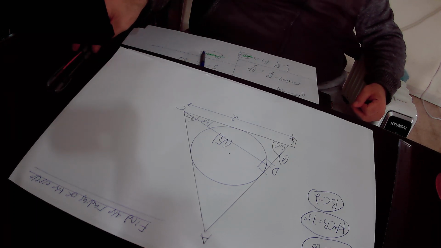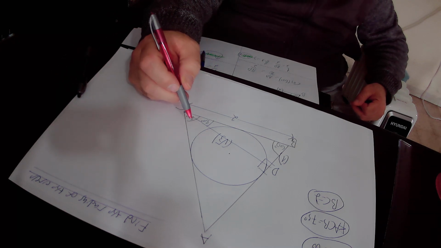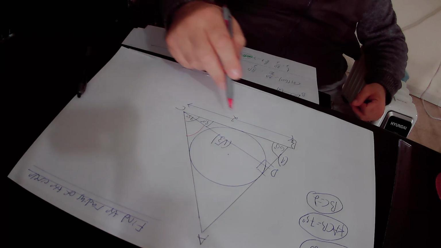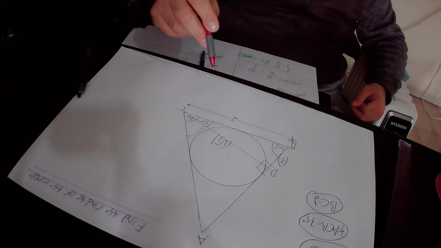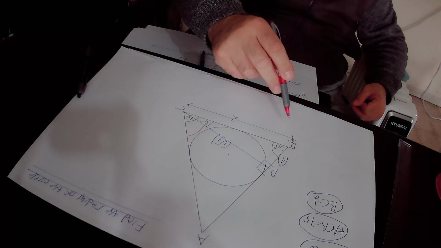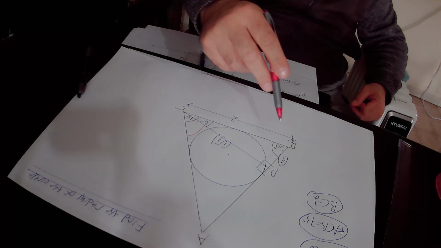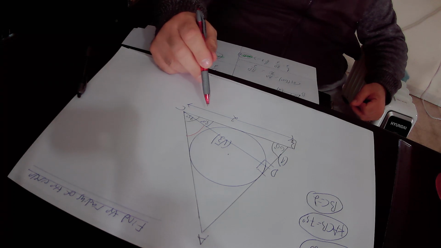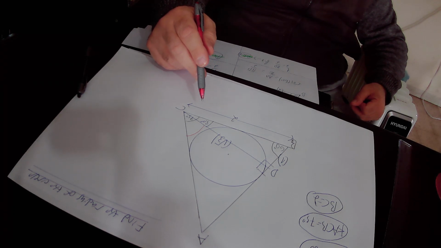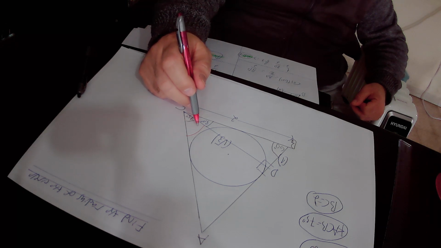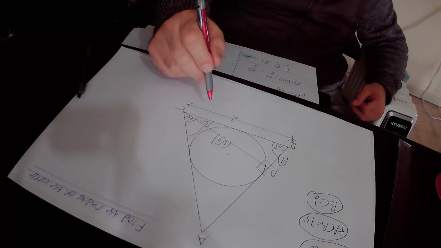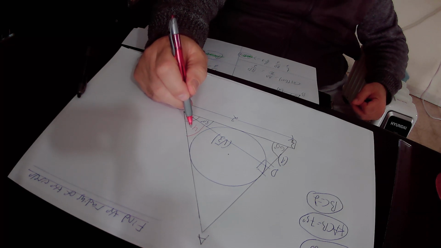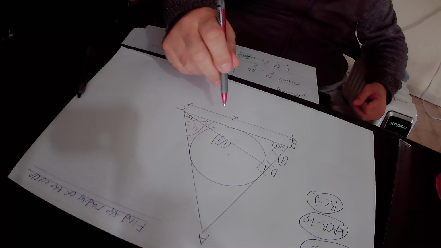So what is the size of angle ACD? The size of angle ACD will be equal to the big angle, angle ACB, that is 75 degrees, minus angle DCB, that is 30 degrees. 75 degrees minus 30 degrees is 45 degrees. So angle ACD equals 45 degrees.